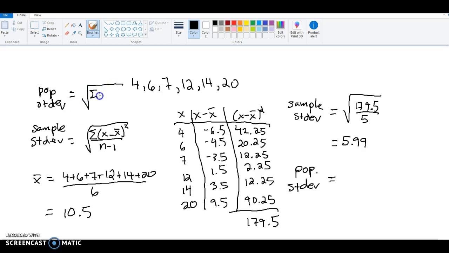So it would still be the sum of all these x minus x bars squared, but we're dividing by n. So we'd be dividing by 6 rather than 5. So there we go, the population standard deviation, if we do that. So divide by 6 this time, and then take the square root, and we get 5.47.